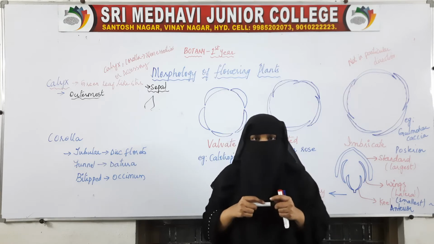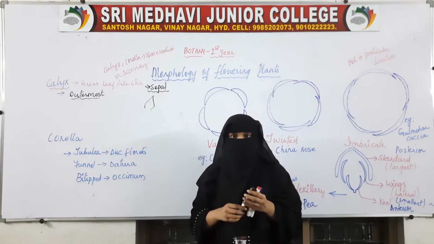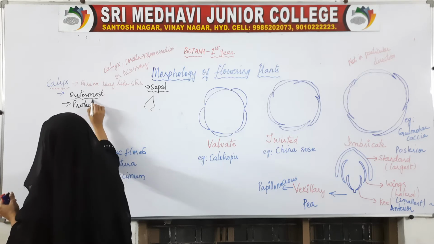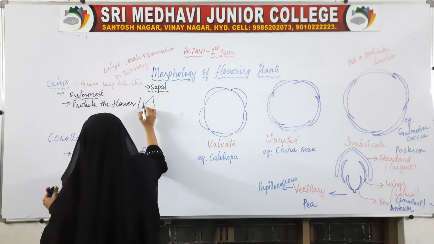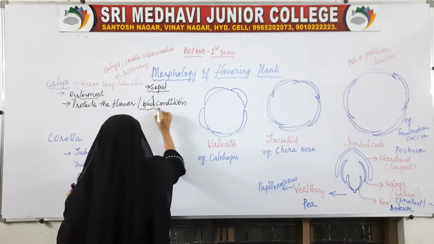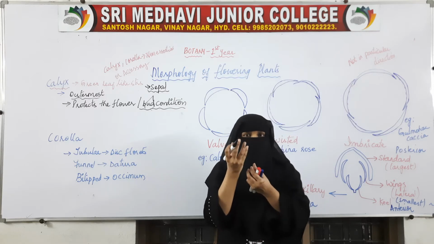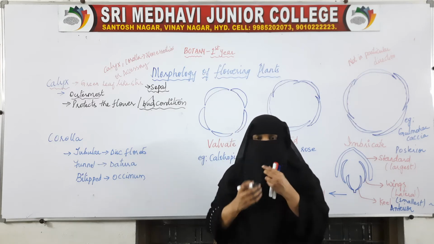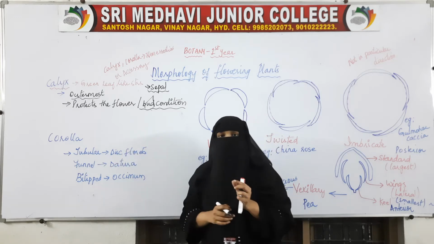And what is the function of this calyx? It protects the flower when it is in bud condition. In the bud, the outer green leaf-like structures are closed, and inside that closed structure all the other structures are present.